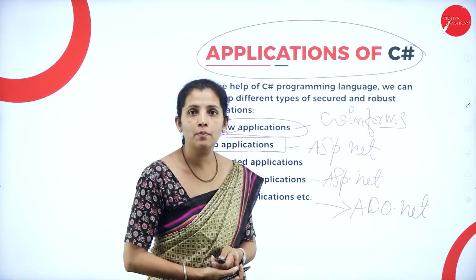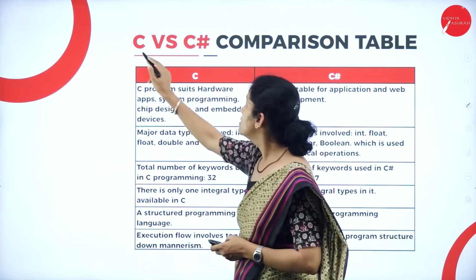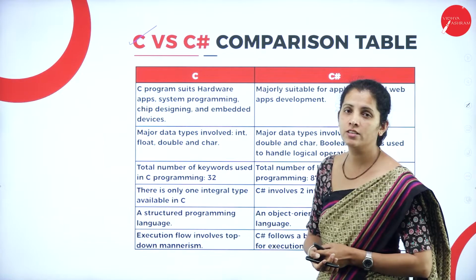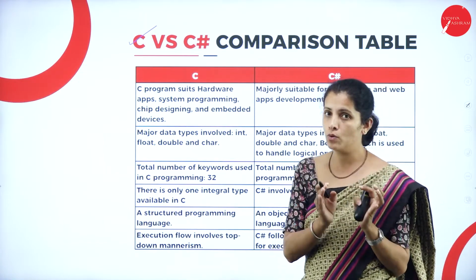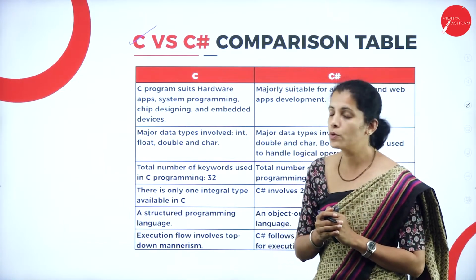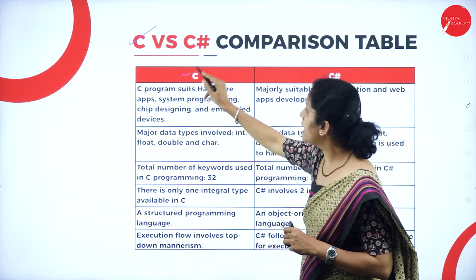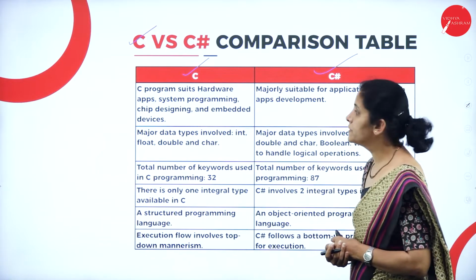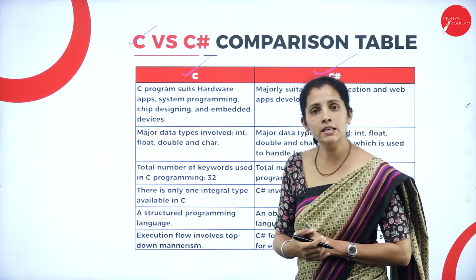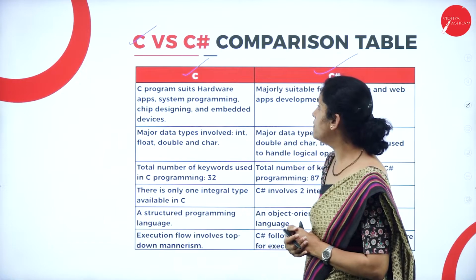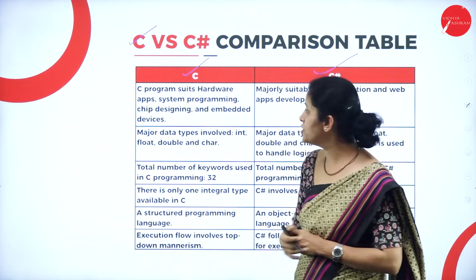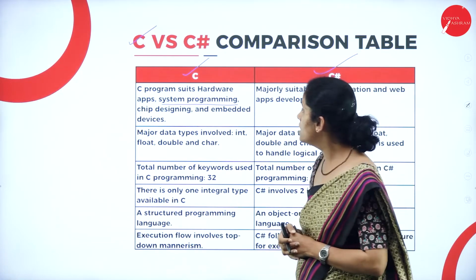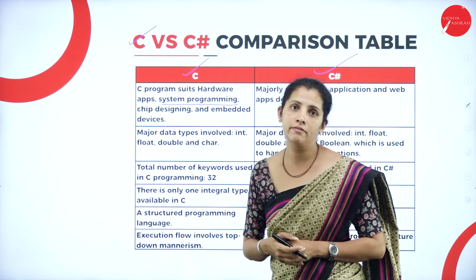Along with this, I'm going to cover the C versus C# comparison. That means I'm going to compare the C program with the C# program. So at the beginning I have C and here I have C#. Now the C program is mainly suitable for hardware applications, system programming, chip designing and embedded devices.